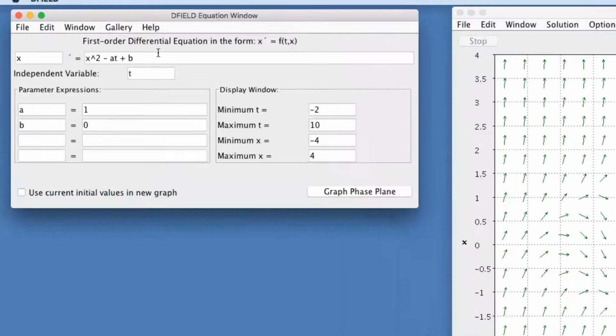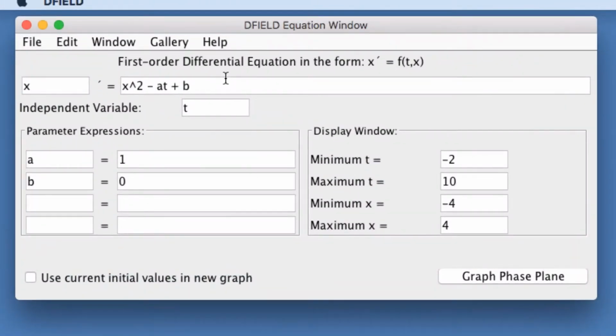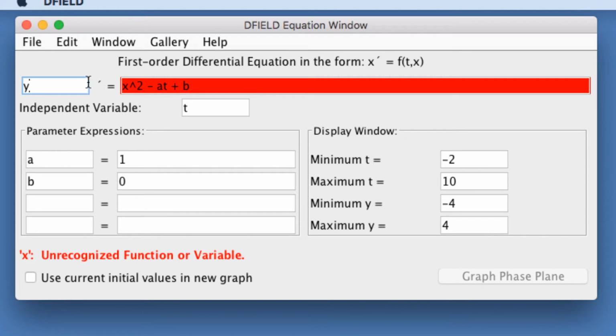Now to enter a differential equation into this, notice there's a tiny little prime right here. It's very tiny, but it's definitely there. And to match our notation, we want to have y be the dependent variable. So I'm going to change that to y. You can effectively ignore the instructions here that say you have to write it in the form of x prime equals f of t, x. You can really use any letters you want for the dependent and independent variables.